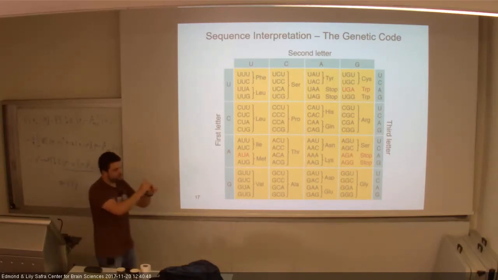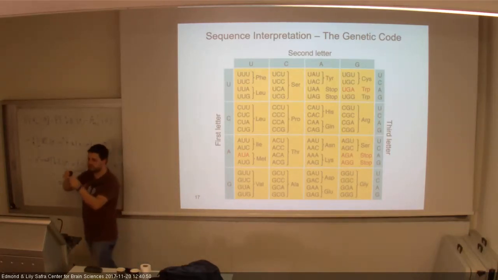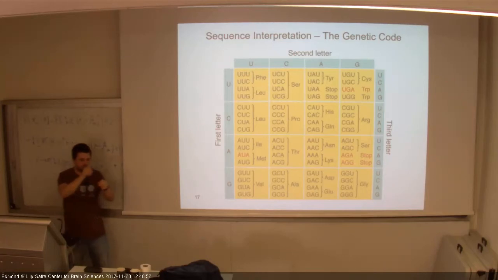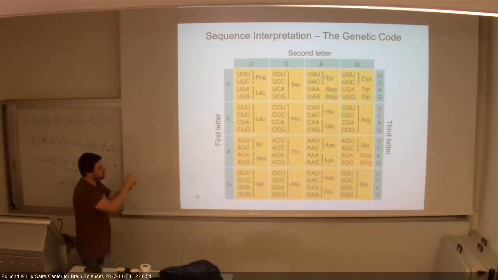From that point on, the ribosome is going to assemble around this amino acid, around this tRNA, and start producing the protein from that moment on.